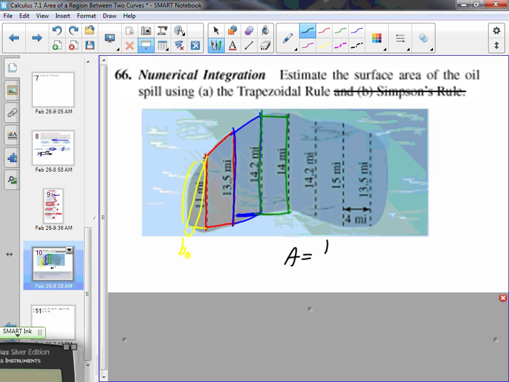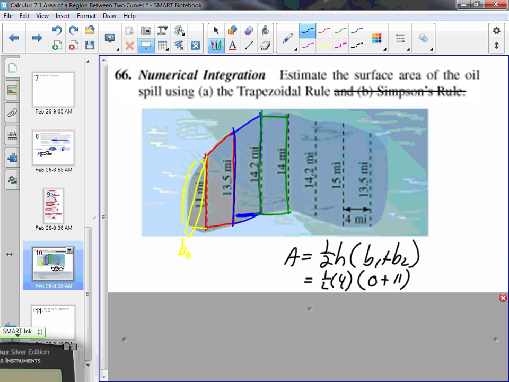Area of a trapezoid equals 1/2 times the height times the sum of the bases. So for that first yellow trapezoid, that'd be 1/2 times 4 times, and then the first base wouldn't exist, and what would the second base be? 11, right?